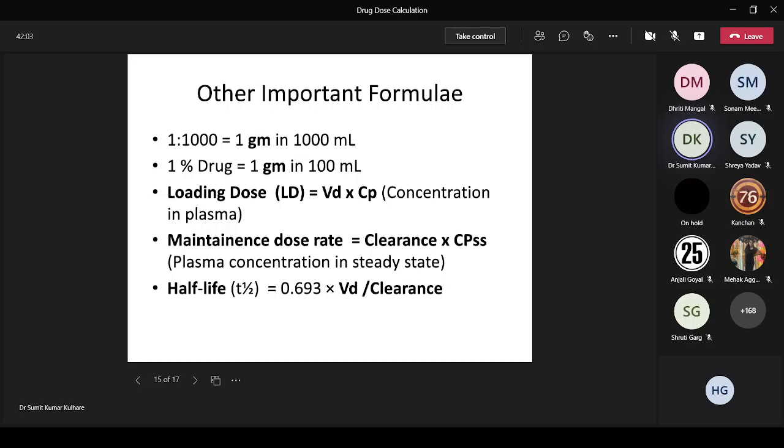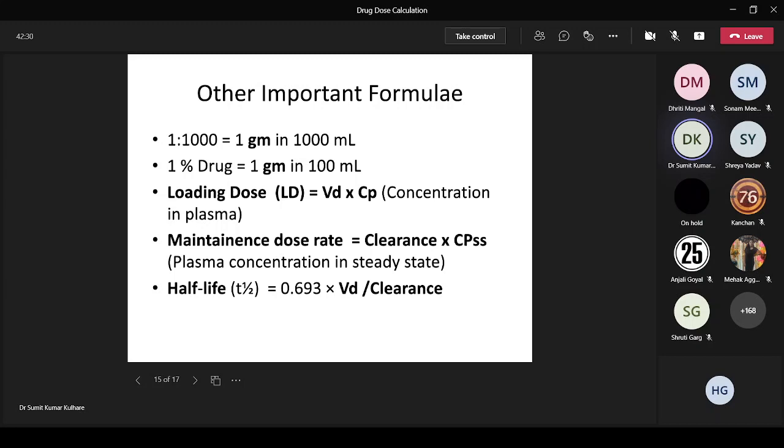In order to make the question more complex, we may give certain values, like instead of directly giving the dose, we will give you the volume of distribution of the drug and its steady state plasma concentration. You will get confused how to calculate the dose. If you know the formula of loading dose, that way also you can calculate. So note down this formula, and all of these are given in your books also.